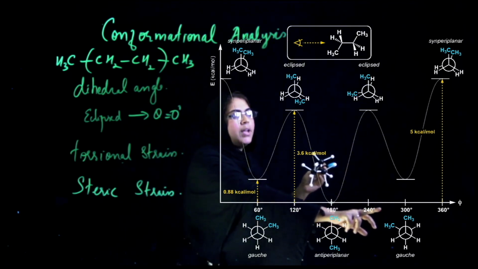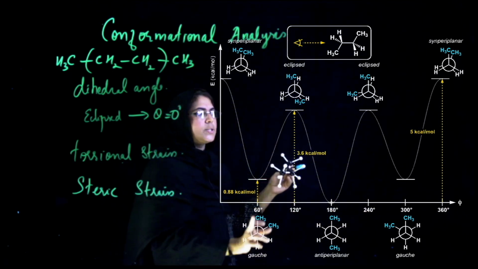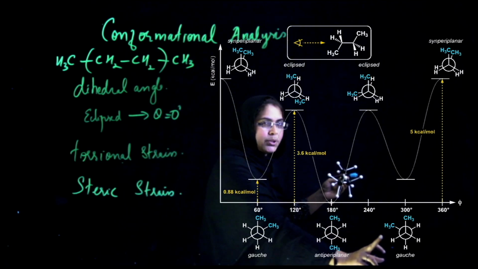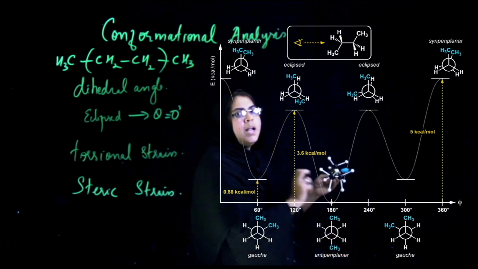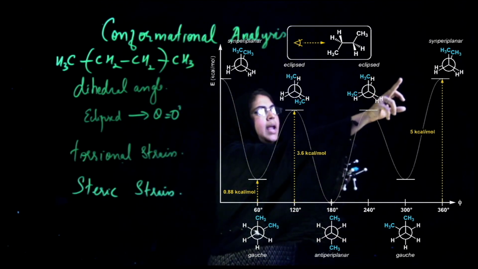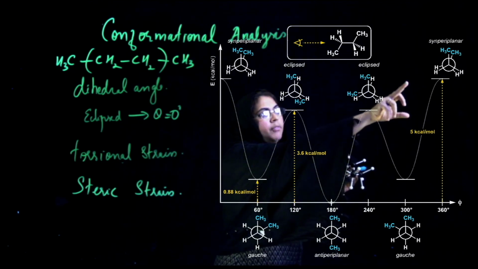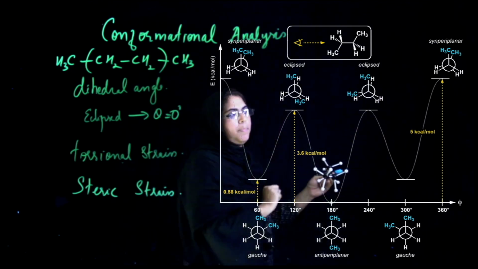So we have two gauche forms, when theta is equal to 60 degrees and theta is equal to 300 degrees. And when it comes to 360 degrees, again we get the eclipsed conformation. We call it syn-periplanar.